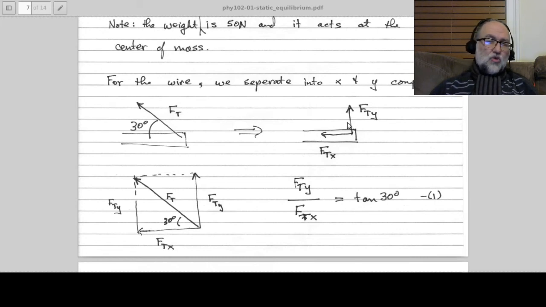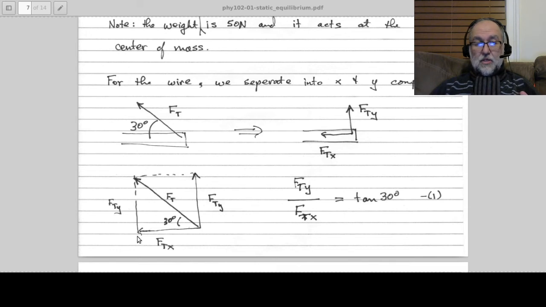But the ratio of the Fty and the Ftx has to make a 30-degree angle. So what I did here is I made a triangle. Here's Ft, here's the y component of Ft, and here's the x component of Ft, and that angle's 30 degrees in there. Well, what does this diagram tell you? It tells you that if you take the opposite, which is this side right here of the triangle, that's the same length as that one.